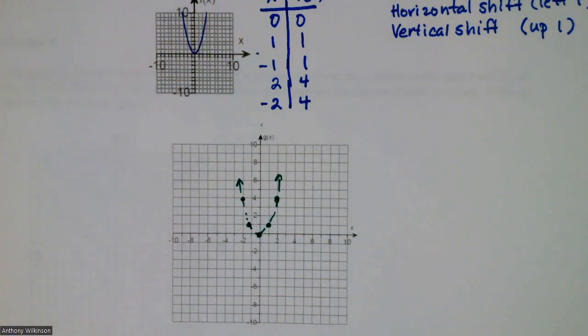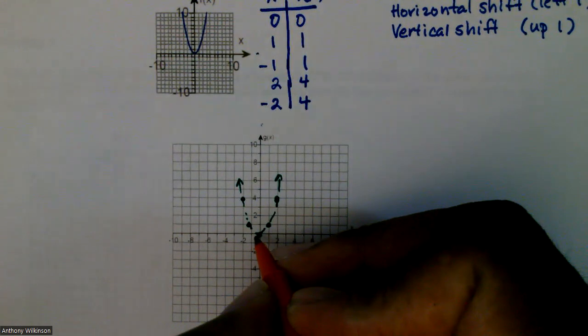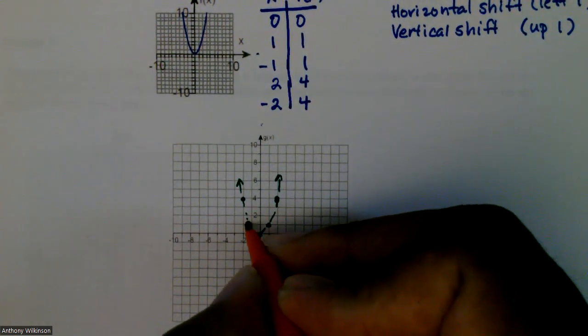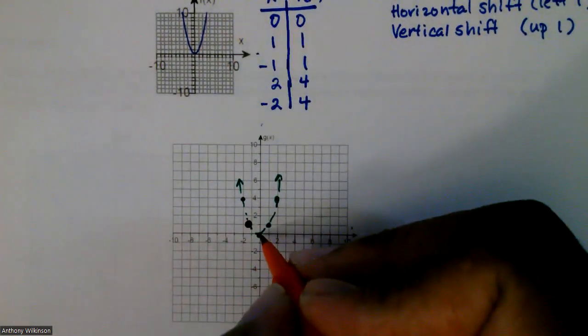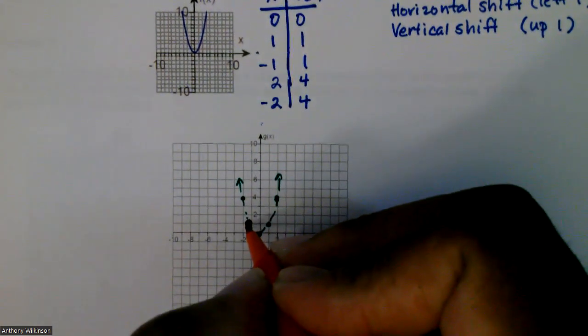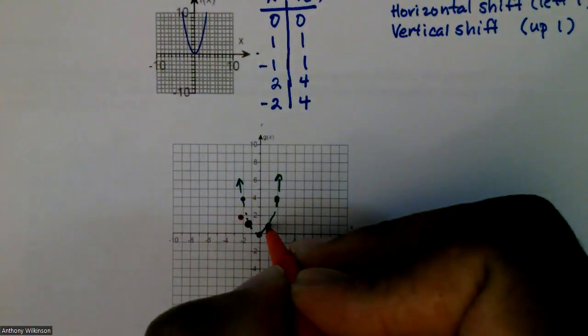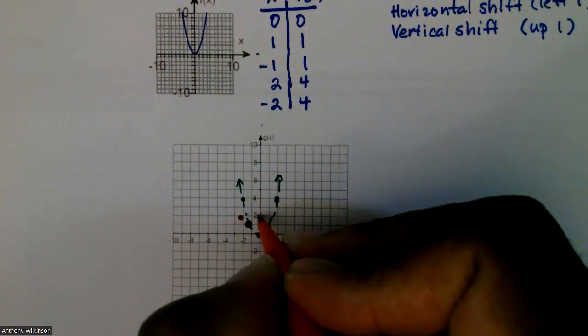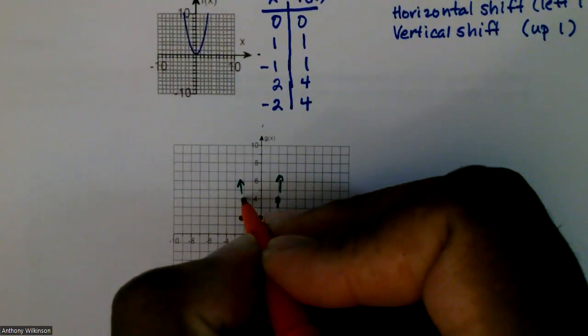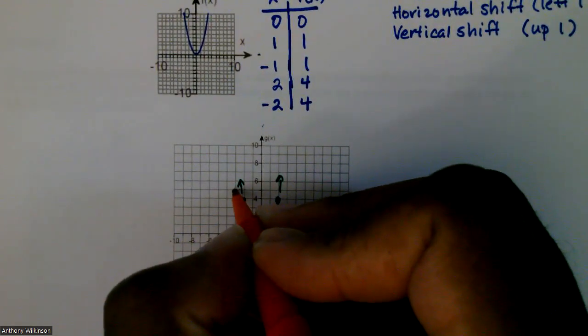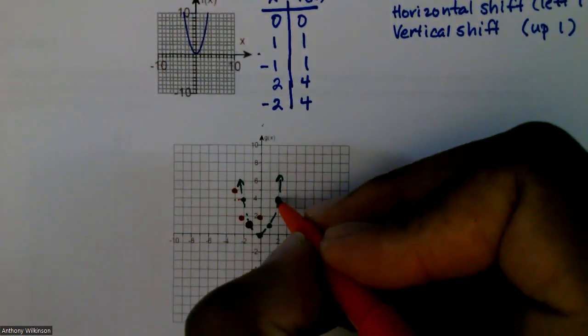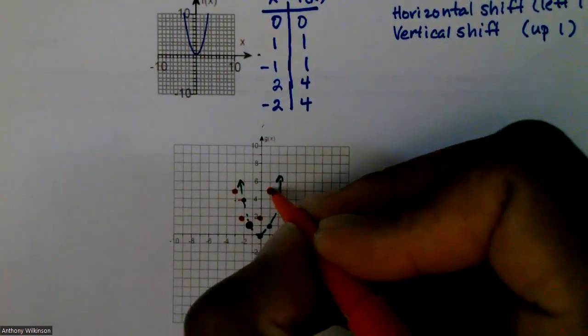So for each point, I'm going to go to the left 1 and up 1. So starting with this point right here, I'm going to go to the left 1 and up 1. So that point will be here. For this point, to the left 1 and up 1. For this point, I'll go to the left 1 and up 1. For this point up here, I'll go to the left 1 and up 1. And for this point here, I'm going to go to the left 1 and up 1.